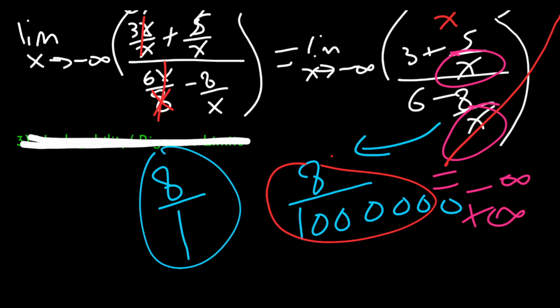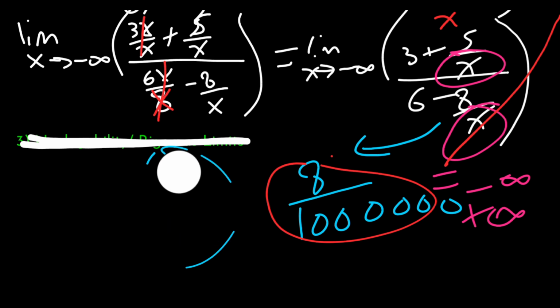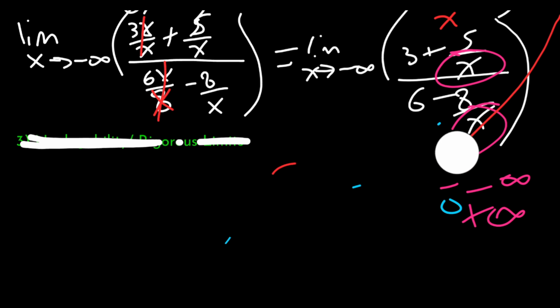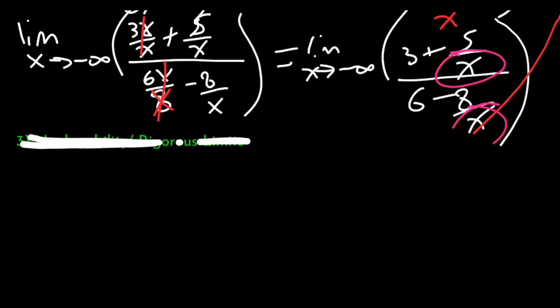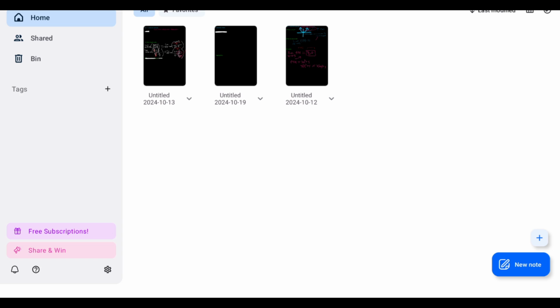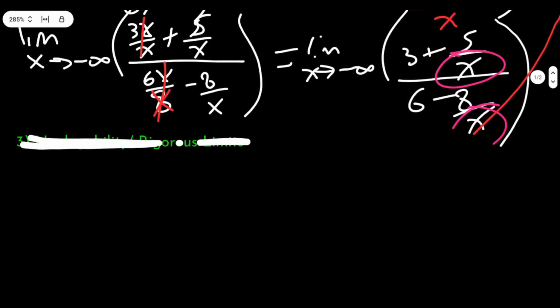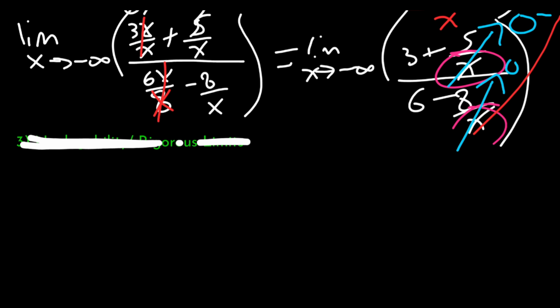So when we're solving these limits, we can think to ourselves that anything divided by infinity is going to be 0. So this whole thing goes to 0 from the left, because this is negative infinity. Both of these become 0. It doesn't even matter what sign they are, whether they're negative or positive.